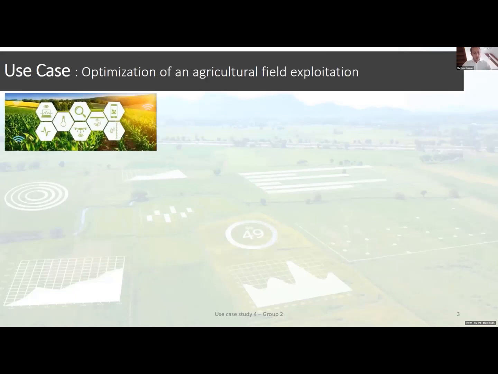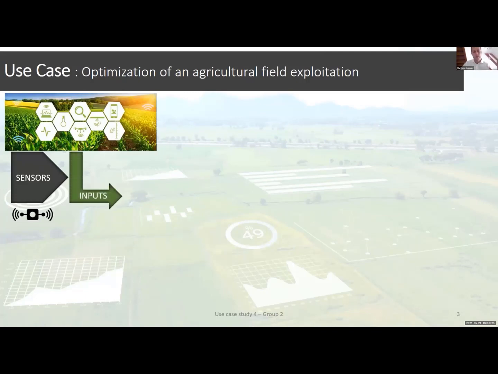Very quickly, the use case. So we have a field to work, and we have a lot of data. We can gather the data thanks to sensors, for example, humidity sensors, temperature sensors. Sometimes we can see drones above the crops, etc. So we can gather a lot of information, these inputs.